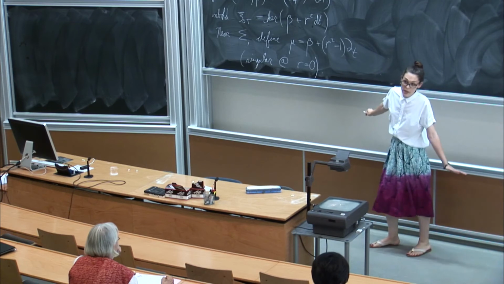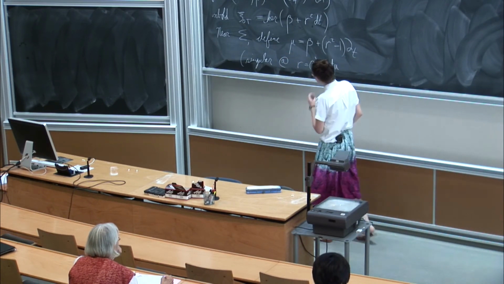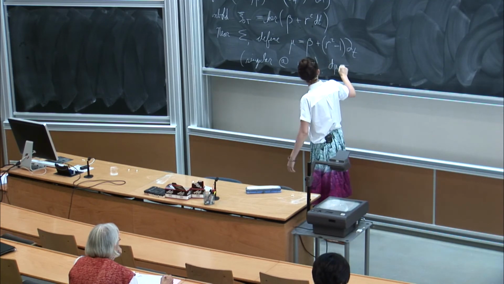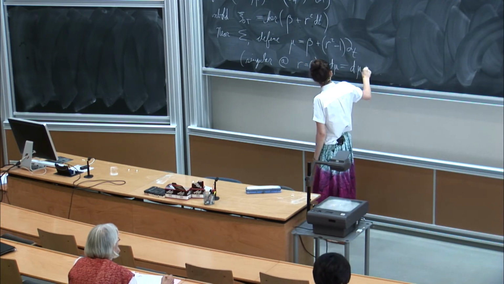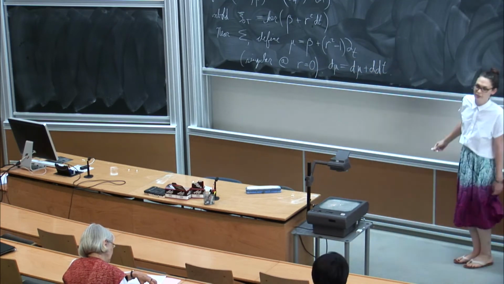But that's maybe okay because at least d mu is still defined everywhere, because d mu is the same as d of beta plus r squared dt, which is actually defined.